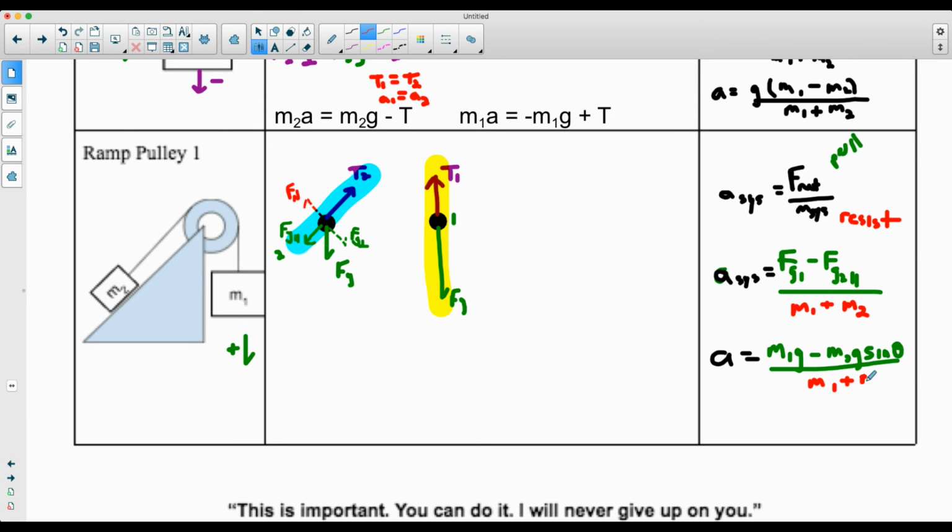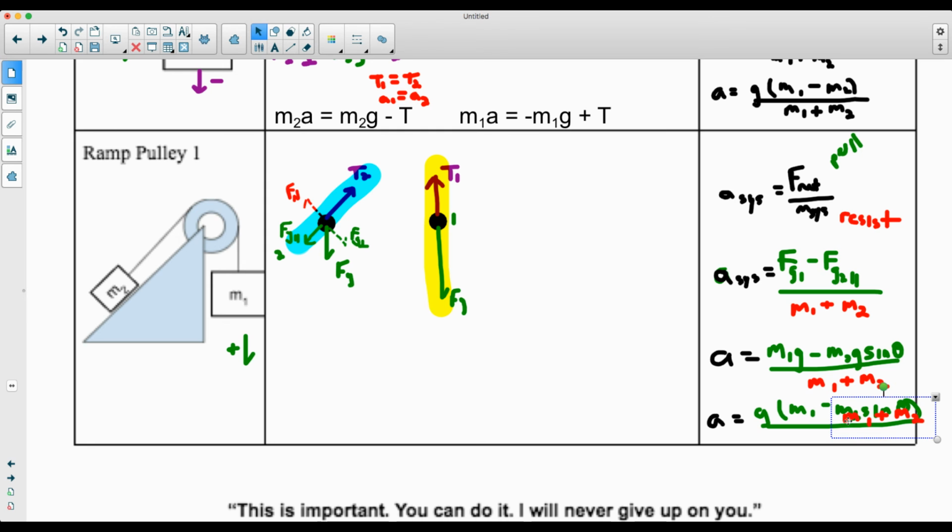Now, sometimes what they'll do, and probably frequently, they'll pull that common factor of g out. And so when you rewrite this, your final term will be g times the quantity M1 minus M2 sine theta, divided by M1 plus M2.